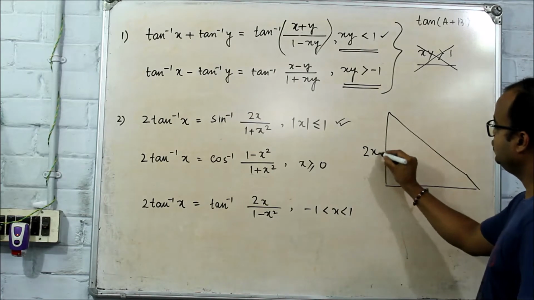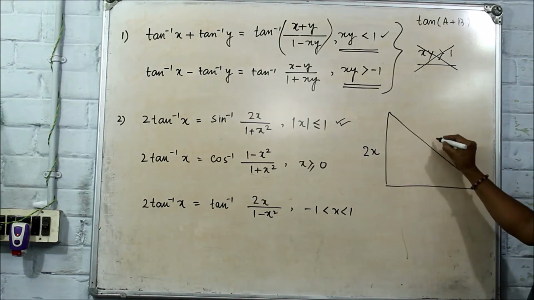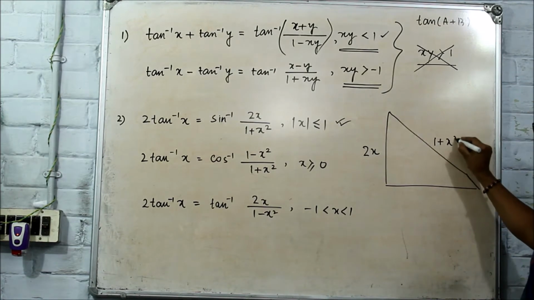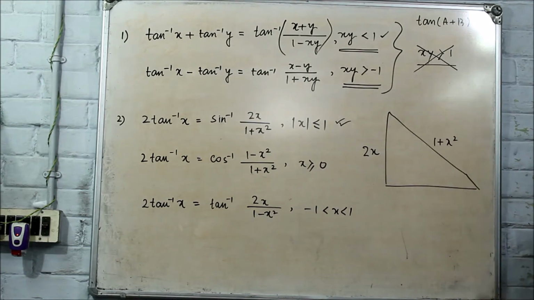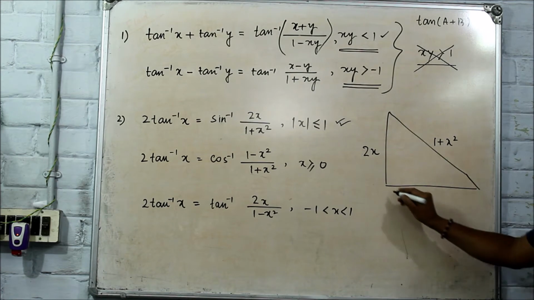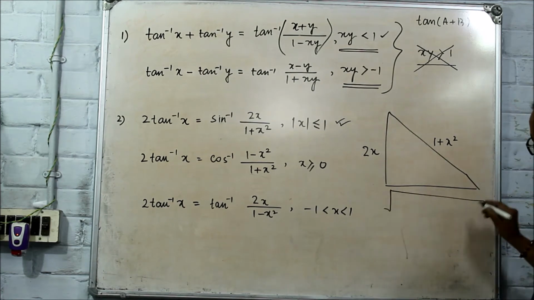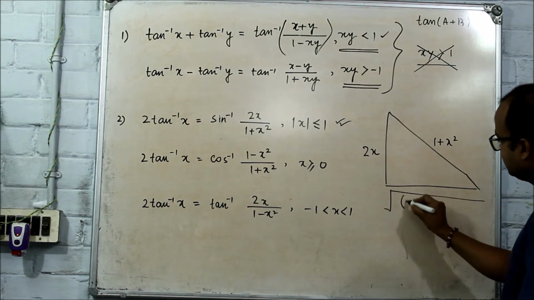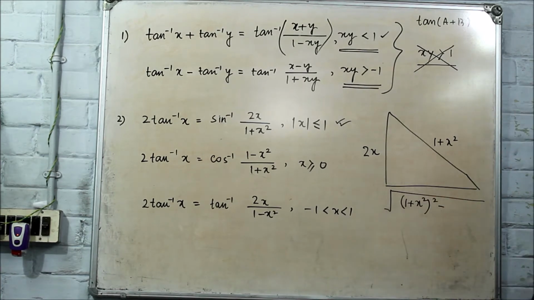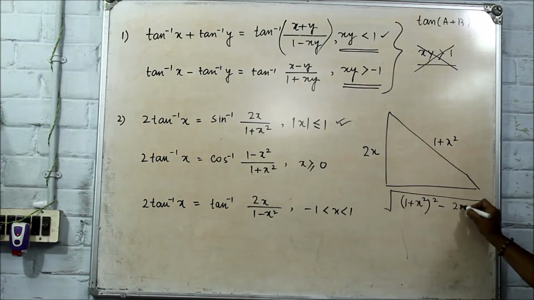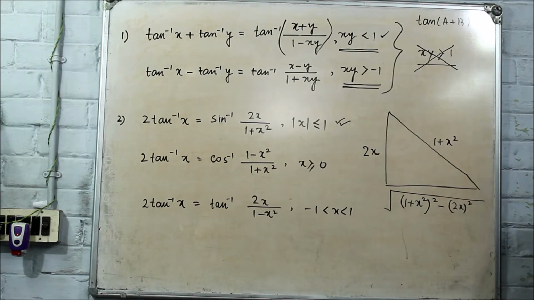p is equal to 2x and h is equal to 1 plus x square. So using the Pythagoras theorem, you can find out the base. So base is equal to square root of h square minus p square. Clear?